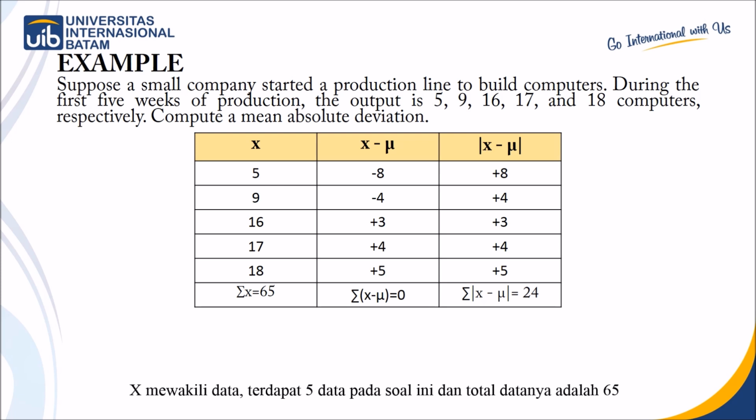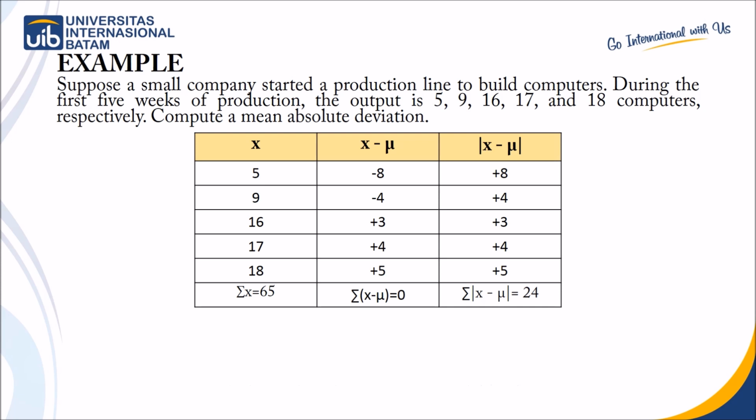There are 5 data here, and the total of the data is 65. In the second column, there is x minus mean, which means that we have to find the average of the data first. So the average of the data is sigma x per n equals 65 per 5 equals 13.